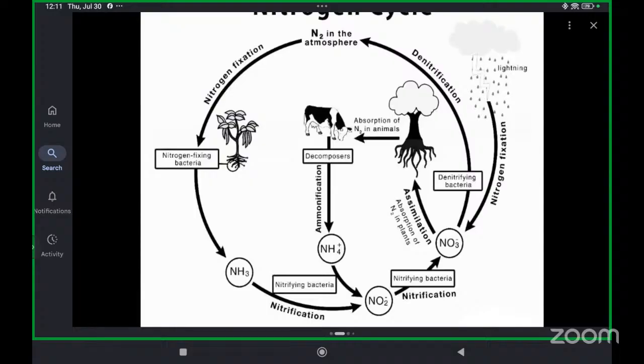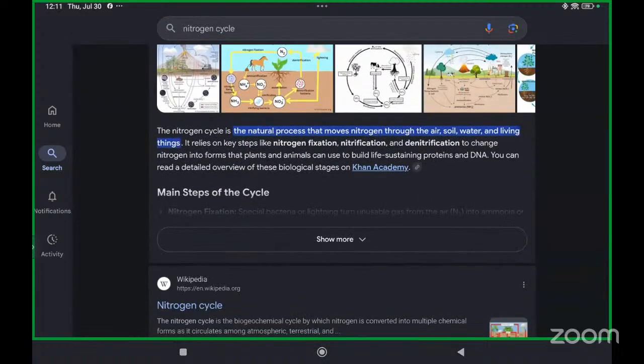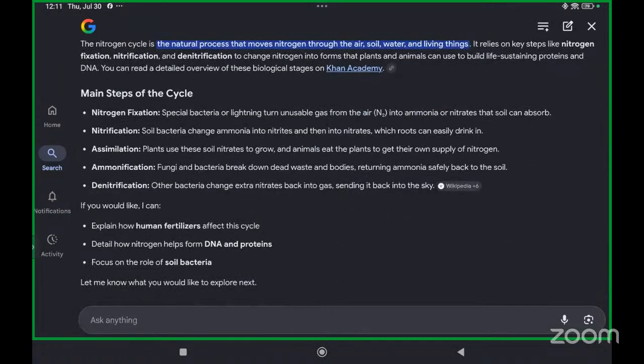That is the main concept of the nitrogen cycle. Some steps are there. We'll talk about it step by step.